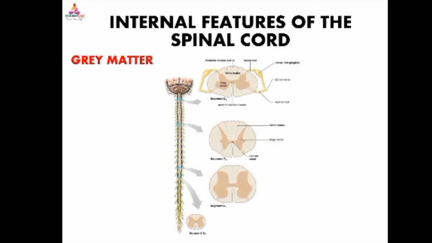The amount of white matter in the spinal cord undergoes progressive increase from below upward. This occurs due to the following facts.